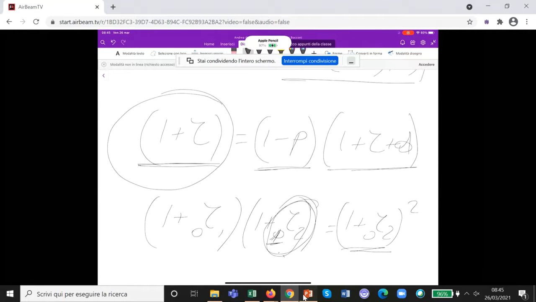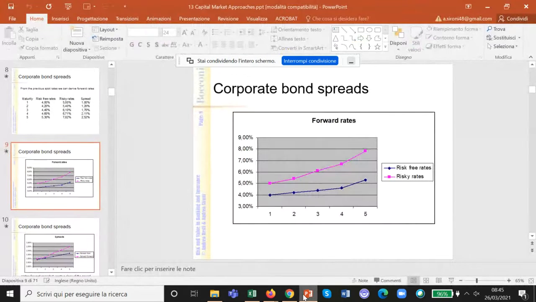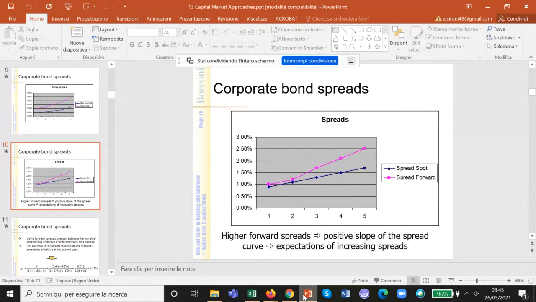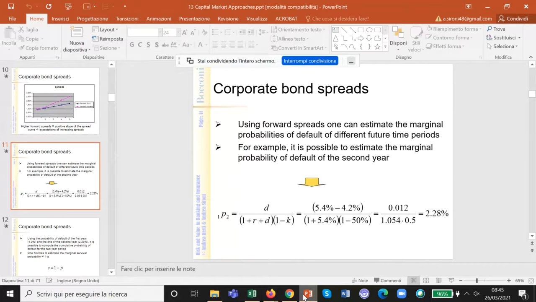Okay, which is what we see here in this data, and it can also be graphically represented in this chart. Okay, so the spreads are also an increasing function of time, as we can see in this chart. Higher forward spreads, positive slope of the spread curve, which means basically that not only we have an expectation of increasing interest rates, but also of increasing spreads, which in some way reflects also an expectation of increasing probabilities of default.